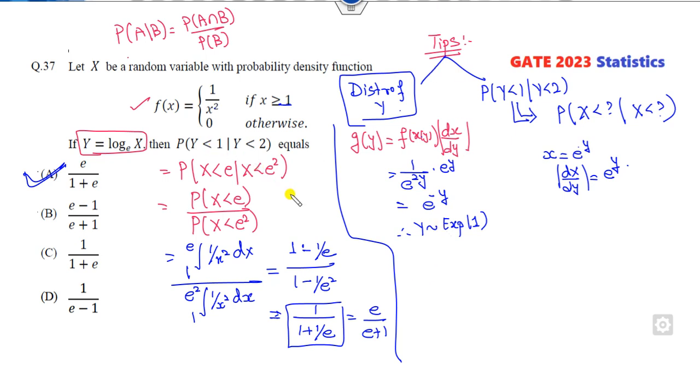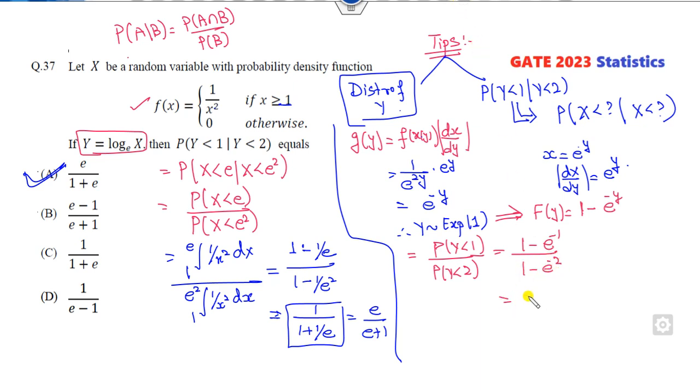Now you can write here. So how can you write that? This is probability y less than 2, and the intersection is here. So if y is exponential, what is the CDF of y? This is 1 minus e raised to power minus lambda, with lambda 1. So I can write this in terms of the CDF, e raised to power minus 1, e raised to power minus 2.